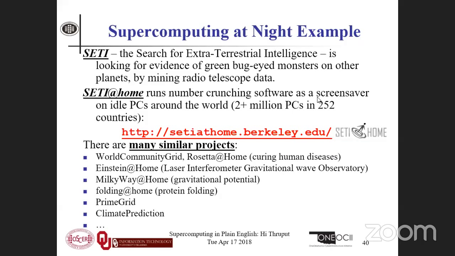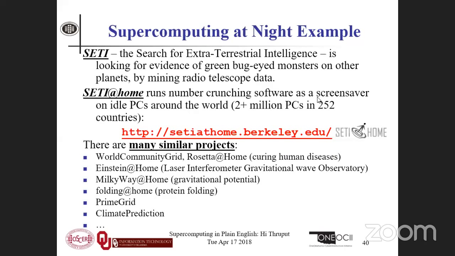Clearly, these folks have not seen the movies I've seen, because in all the movies I've seen, when they find out about us, their first goal is to come here and eat us. But leaving that aside, if we could find them, that'd be a big, big science win. I'm sure you've seen plenty of science fiction movies too. We'll leave out all the other questions, but if we could find them, it'd be a big win for science. Oh, look, there are green bug-eyed monsters out there.